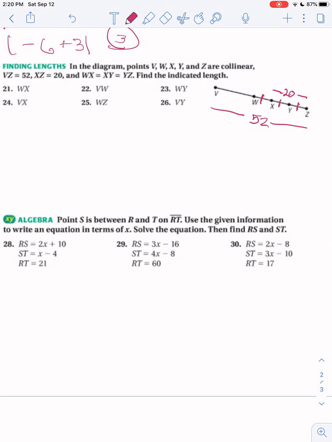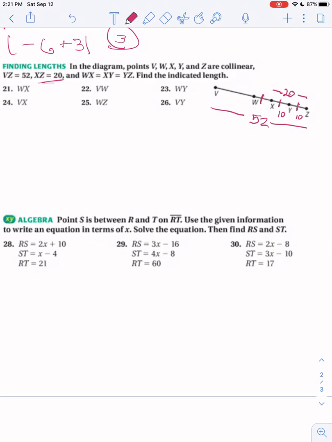All right, now we've put the given information on the diagram. What I like to do is write everything I can assume. If from X to Z is 20 units long and those 2 pieces are both equal, we know this piece is 10 and this piece is also 10.